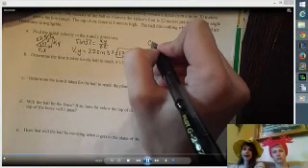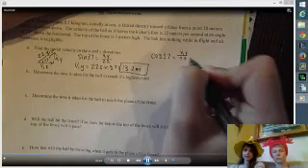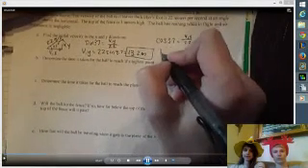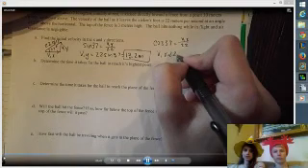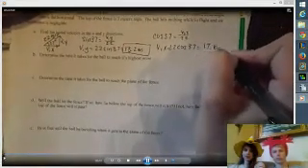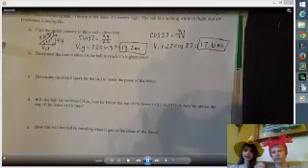Sine of the angle goes with the velocity in y, and for the velocity in x you just do cosine. Sine goes with y, cosine with x. So V1x equals 22 cosine 37, and that is 17.6 meters per second.